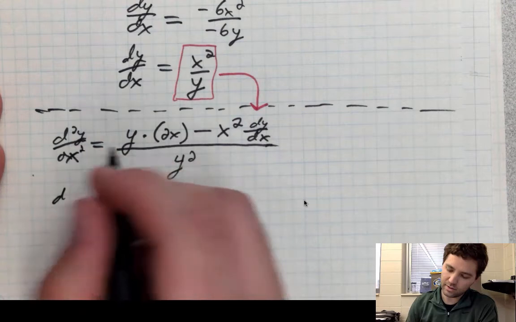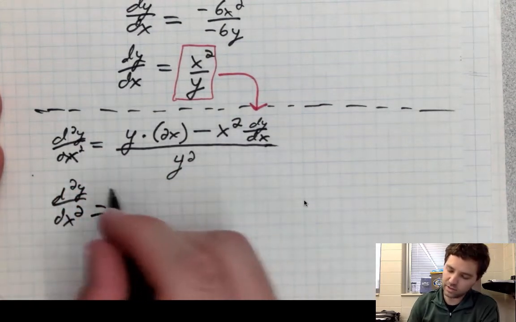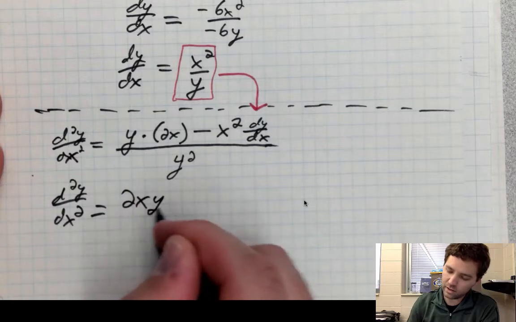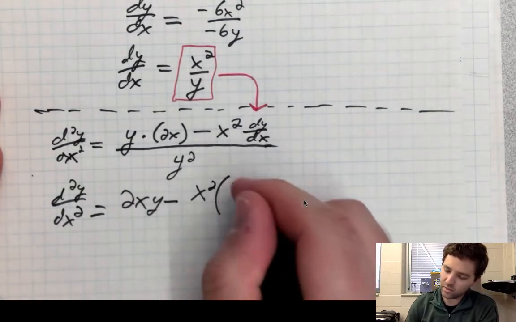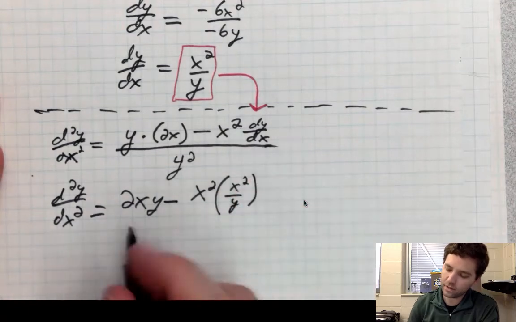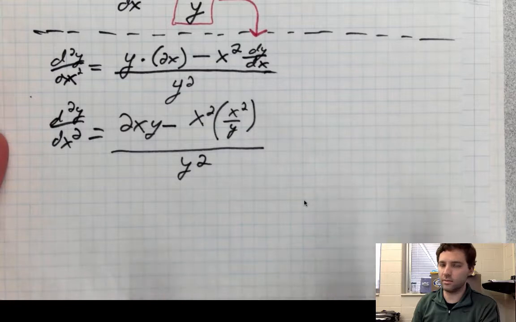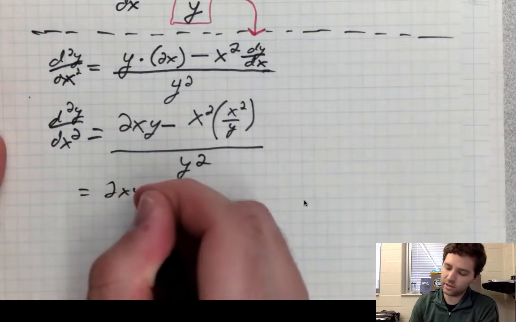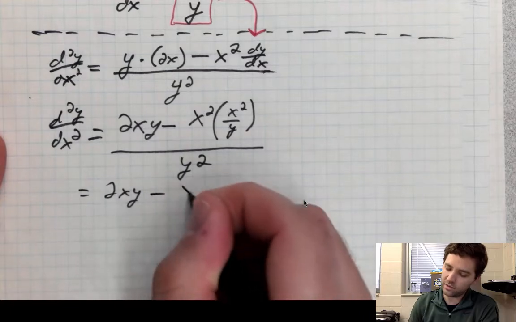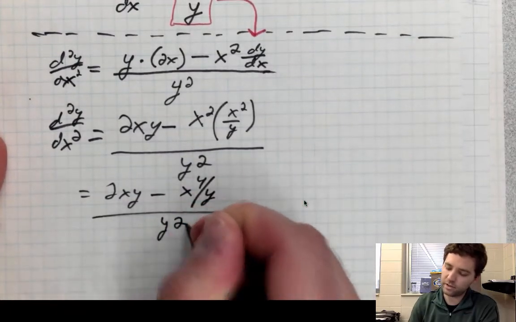This is the second derivative of y with respect to x is equal to, we'll clean this up a little bit, 2xy minus, and then we'll have x squared times x squared over y, divided by y squared. We'll simplify that a little bit. I'll have x to the 4th here, so I'll get 2xy minus x to the 4th over y, divided by y squared.